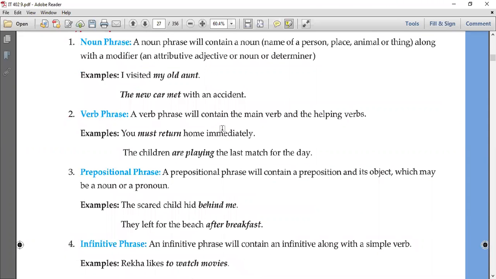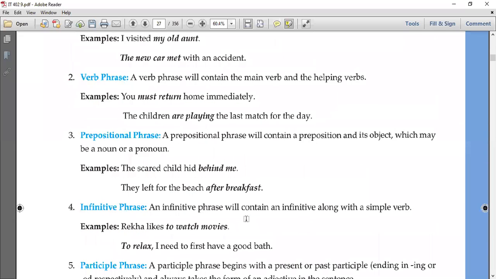Prepositionals, which contain one preposition and the object, right? The object may be a noun also or a pronoun also. So like behind me, behind is the preposition here, and me is the object here. After breakfast, after is the preposition, and breakfast is the noun here, right?